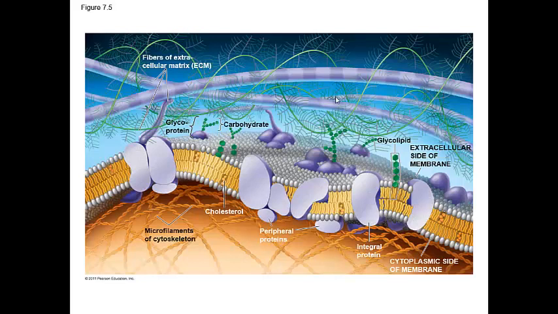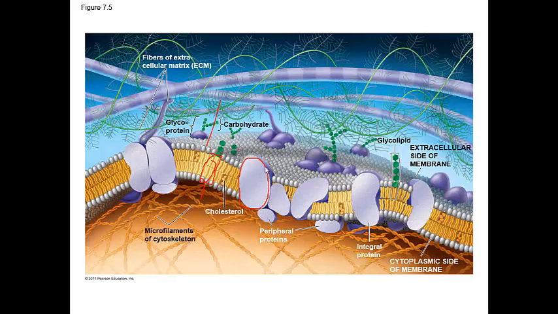Here you see a picture of what the entire plasma membrane looks like. A lot of this we've studied in the past. Here you see our phospholipid bilayer, where the polar heads are facing out and facing in, and the nonpolar tails are facing each other. You also see the proteins that span the entire cell membrane.